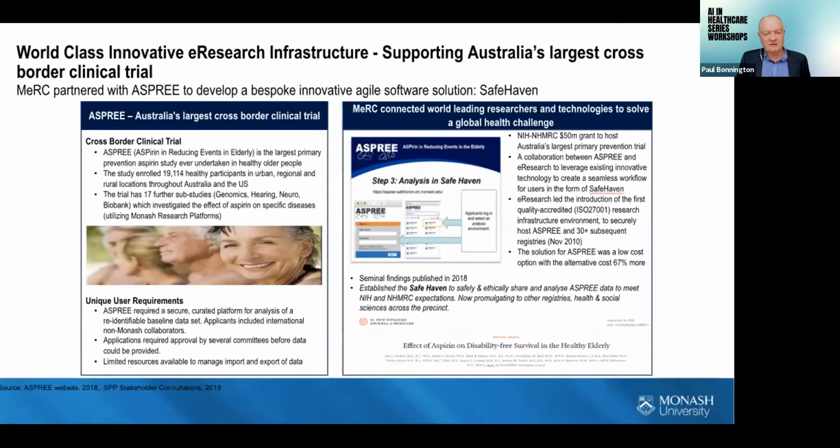This clinical trial, in dealing with sensitive patient human-based information, led us to develop infrastructure and capabilities that allowed us to share that in appropriate ways, and led to, for example, the fully accredited safe haven environment for dealing with sensitive data.